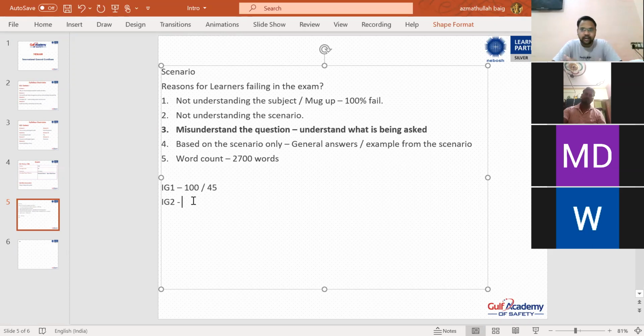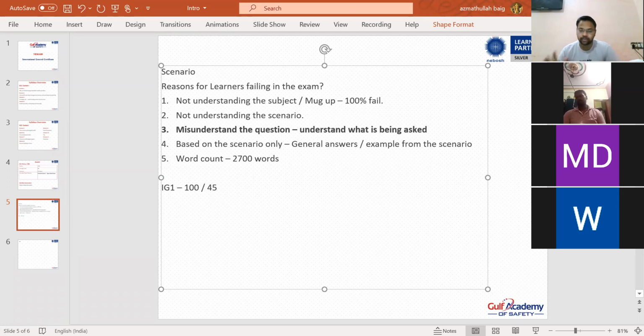For your project report, there are no marks. Either you pass or you fail. There are certain criteria or guidance provided for IG2. If you follow that and prepare the report, you pass. If you miss anything as per the guidance provided by NEBOSH, you will fail. So this is about your open book exam.